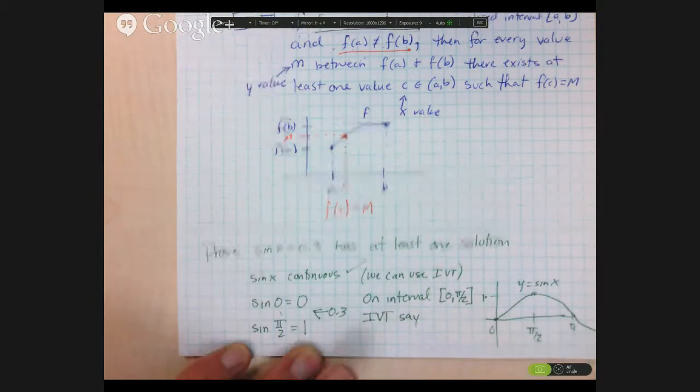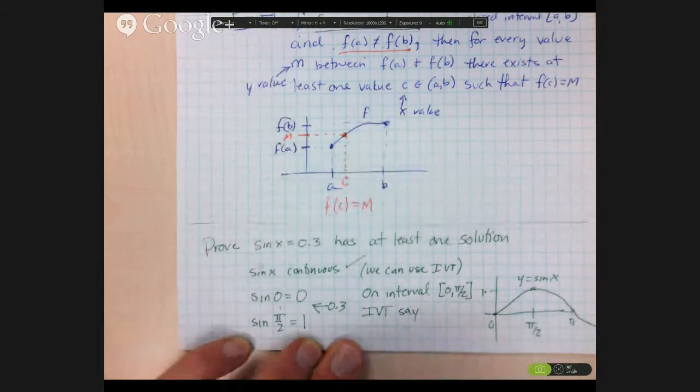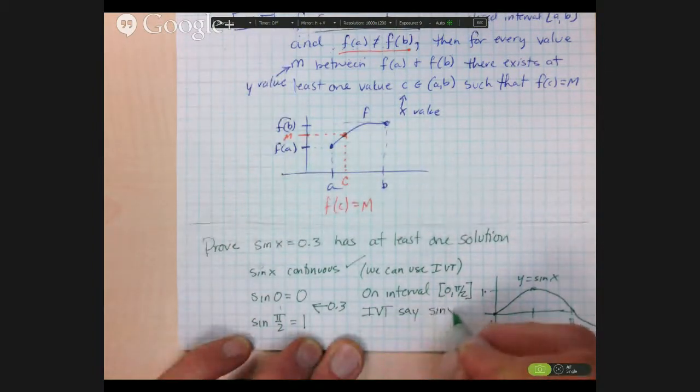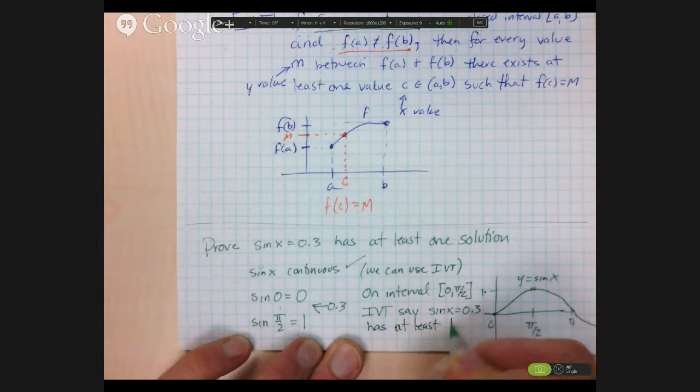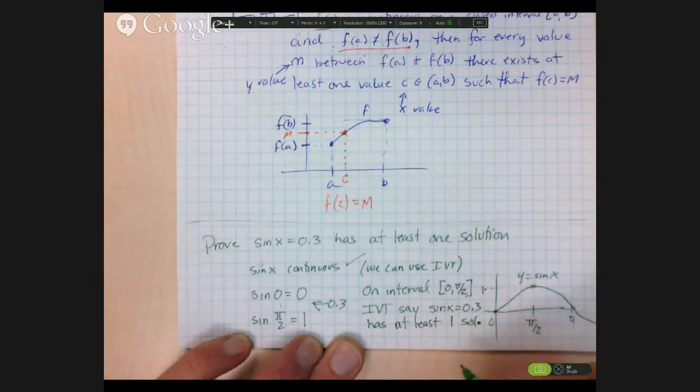The intermediate value theorem says sine x equals 0.3 has at least one solution on 0 to pi over 2.